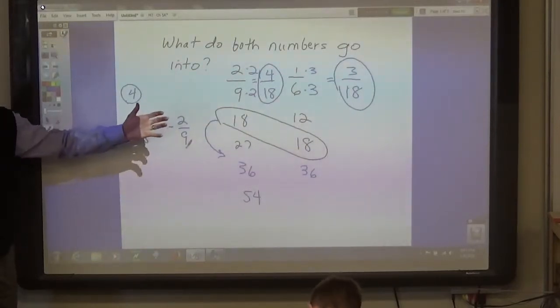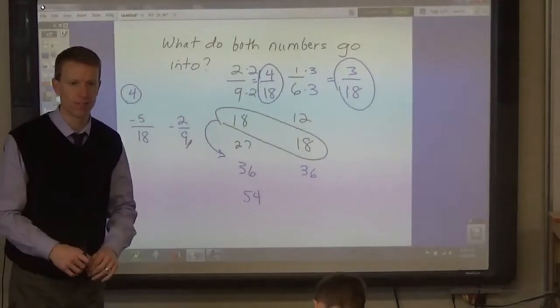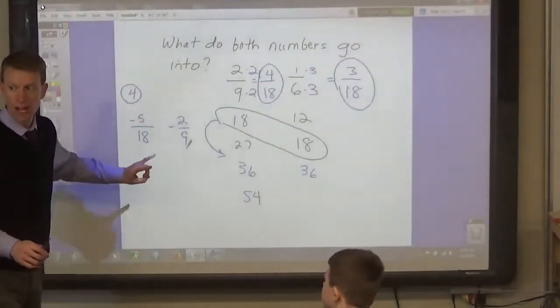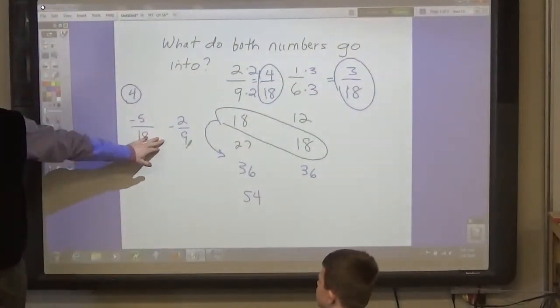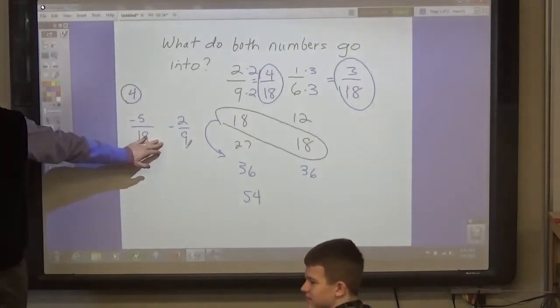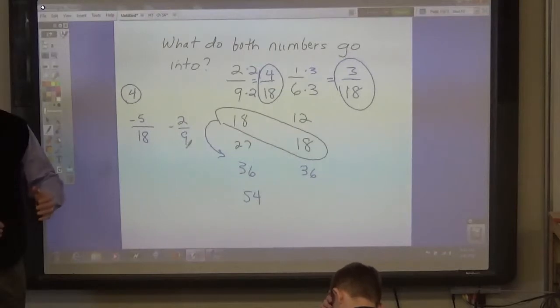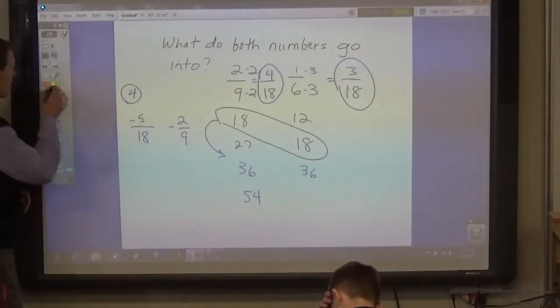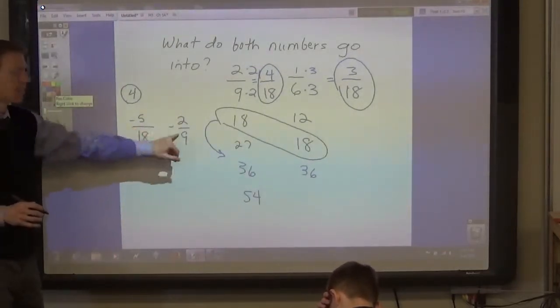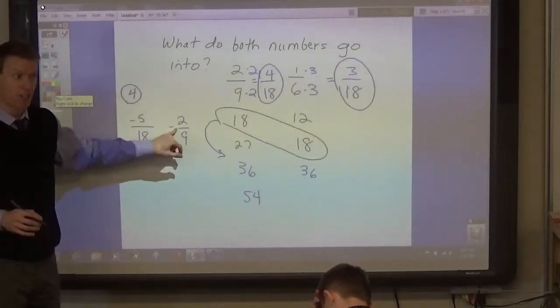No, it makes the whole thing either negative or positive. This is on your assignment, isn't it, Asa? You did this one already, so I'm going to go through it with you to make sure that you understand it. It doesn't matter where the negative sign is in a fraction.